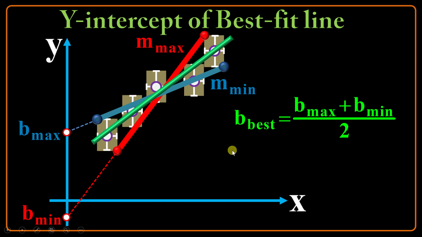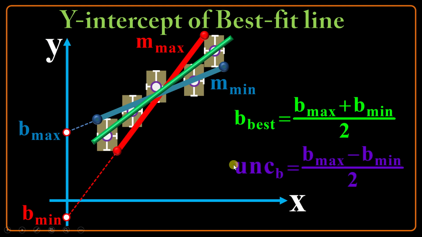Now, we do the same thing. We have the same strategy for finding the best fit line y-intercept. Here is the b max plus b min over 2, and the uncertainty of that will be b max minus b min over 2, half of the range. So the average will give you the best fit line's vertical y-intercept, and uncertainty for that will be half of the range.